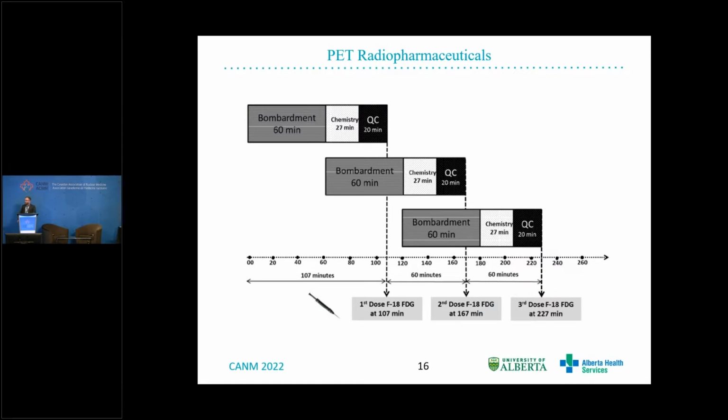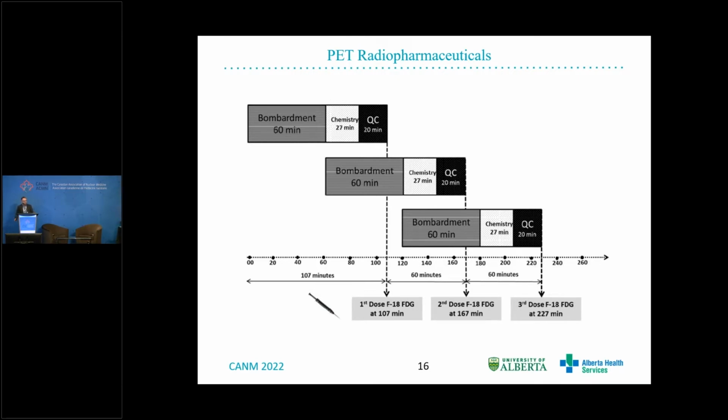This is an example of a production schedule where if we irradiate for 1 hour, we get a lot of F-18. The actual chemistry takes just under half an hour, and the quality control about 20 minutes.